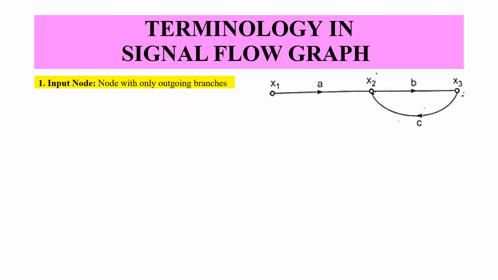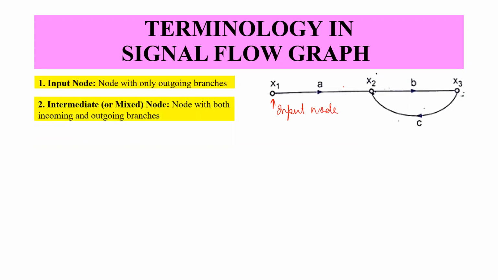The terminology used in a signal flow graph is, first, the input node. It is that node which only has outgoing branches, as you can see in the diagram shown adjacent to this point. We have this x1, so this is the input node. Then we have the intermediate node, which is also known as the mixed node. The mixed node will have both types of branches, the incoming branches as well as the outgoing branches.